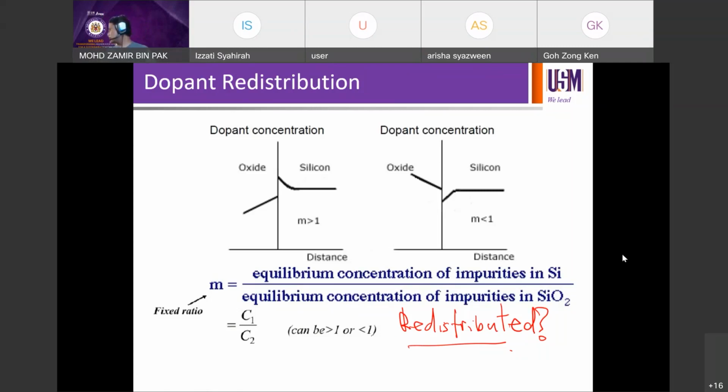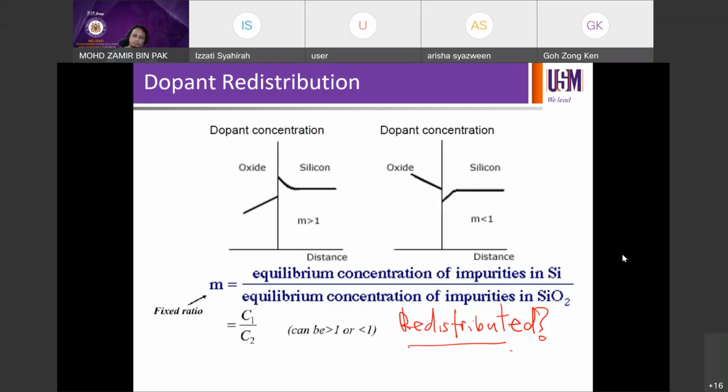Why can't we just have no redistribution? What causes it to be redistributed? What is so unique about the oxidation process that it gets redistributed? Okay, different concentration, what else? What forces them to be redistributed? Who else has answers? You can just write it down.